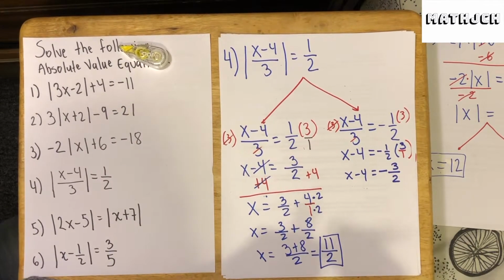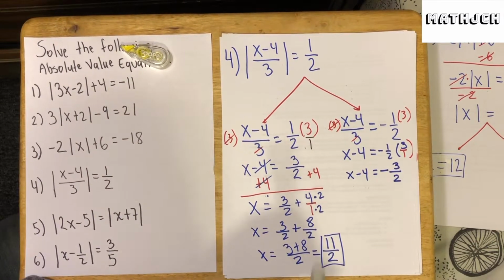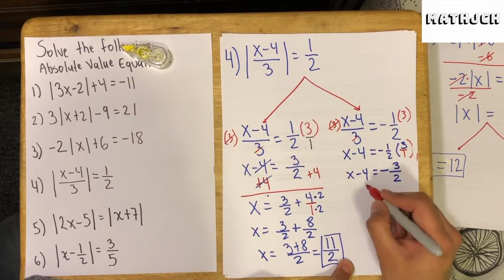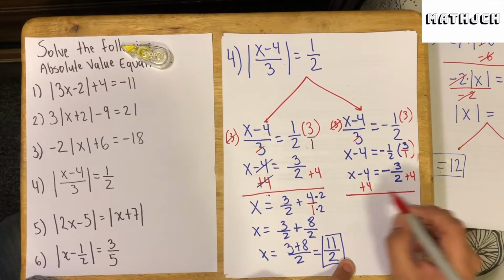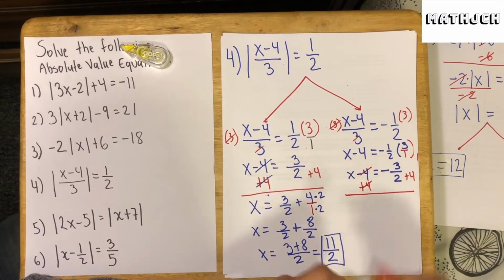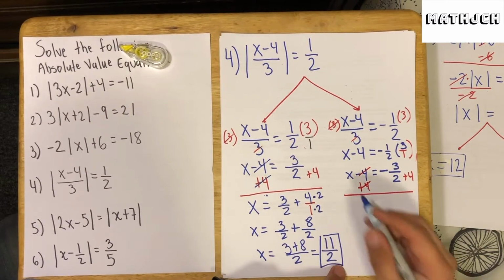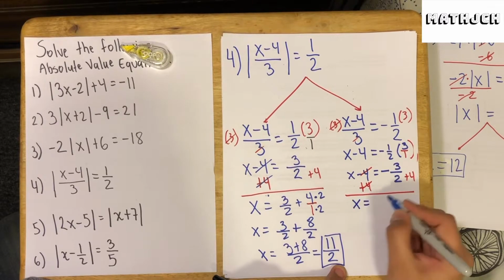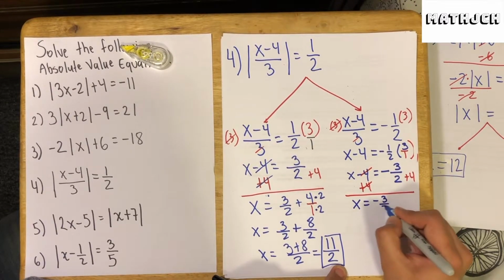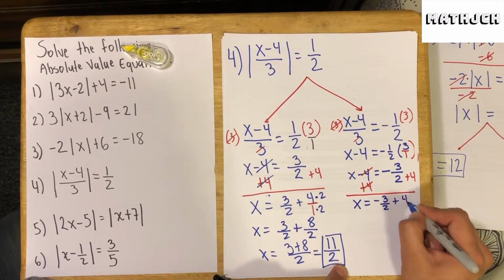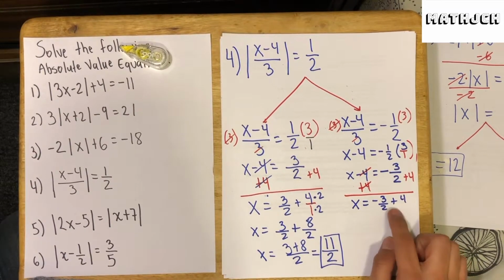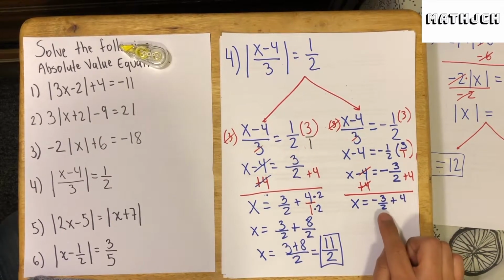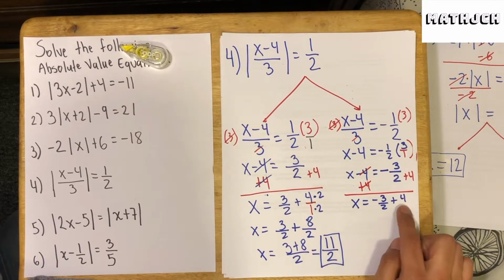Now, next step, solve for x. That means we need to move the 4 to the other side. So negative 4 and positive 4 cancel, and I'm left with x equals minus 3/2 plus 4. Again, we are trying to combine fractions, not multiplying, meaning add or subtract.